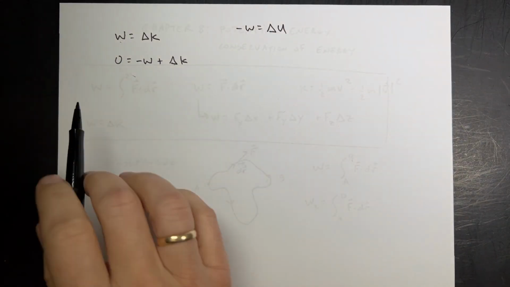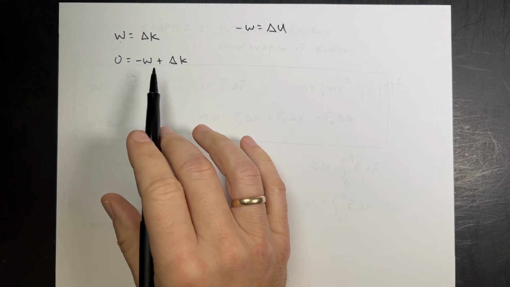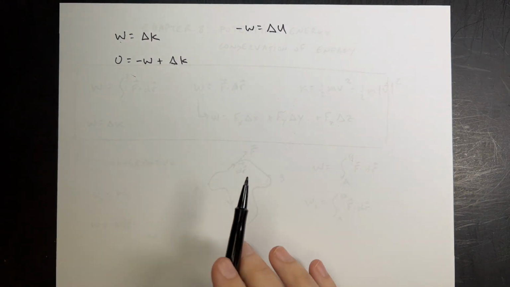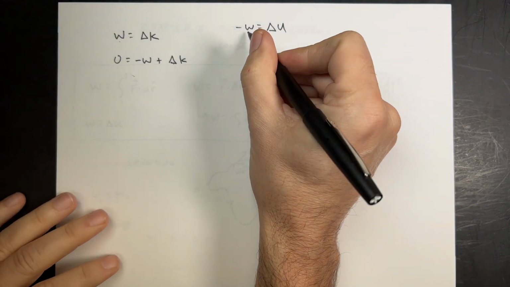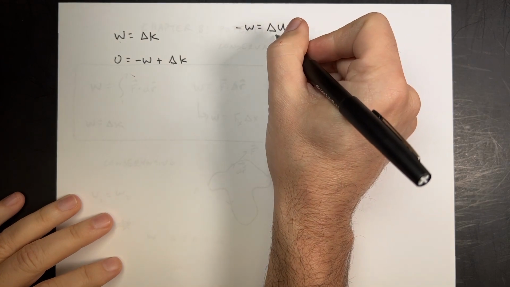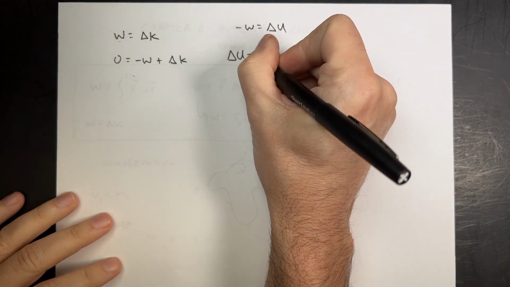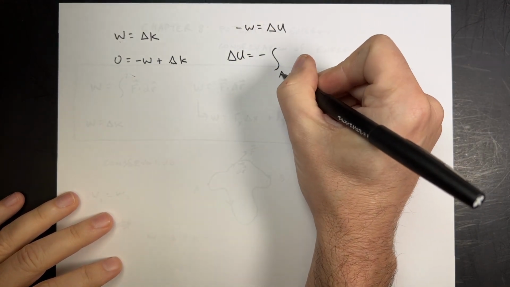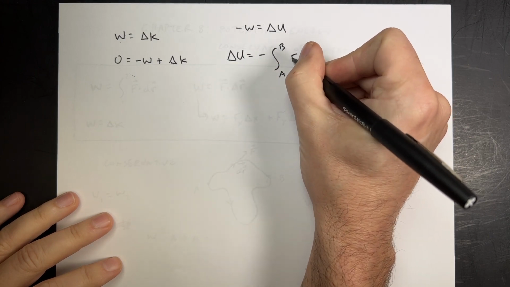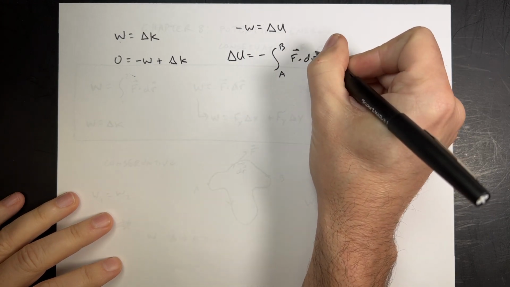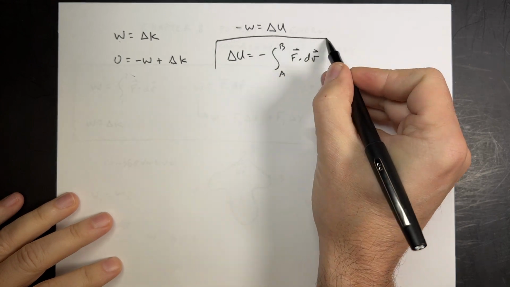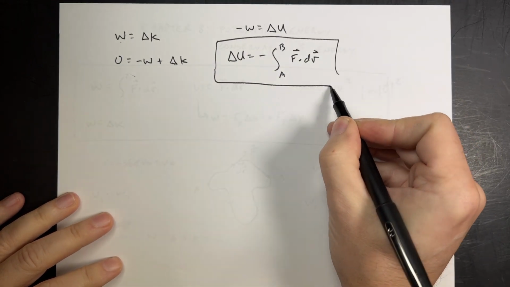So I'm going to move the work to the other side of the equation and call it a potential energy. And since we know the definition of work, we know the definition of the change in potential. It's going to be negative the integral from point A to point B of F dot dr. And this is what we call potential energy.